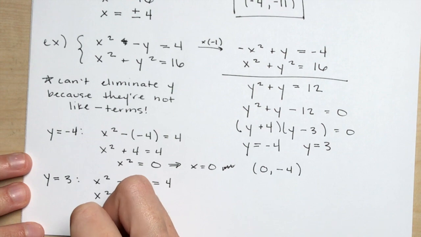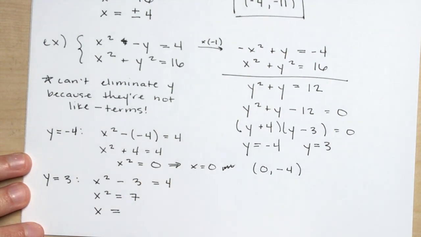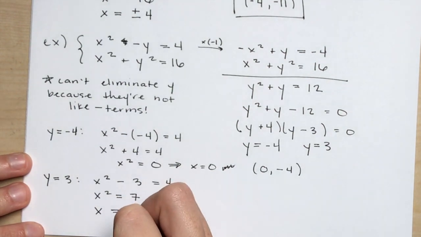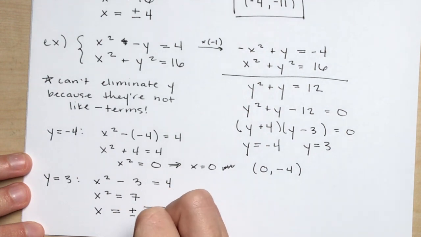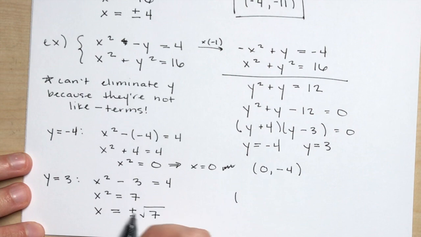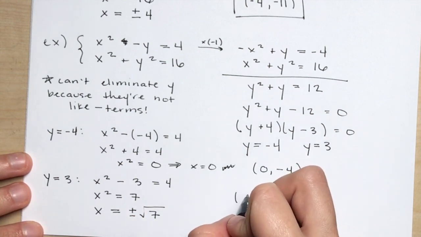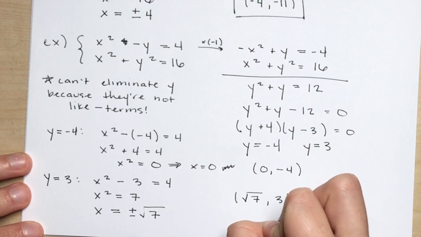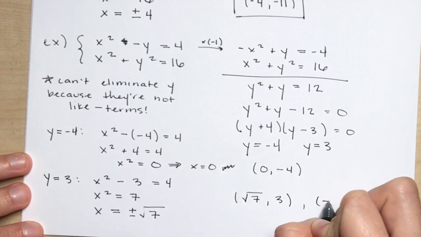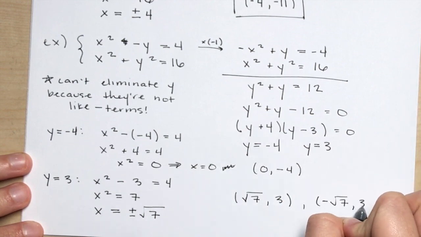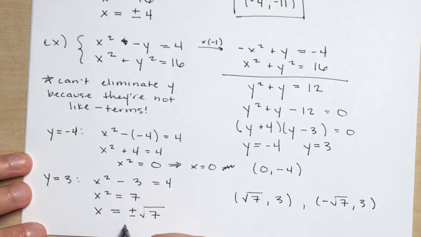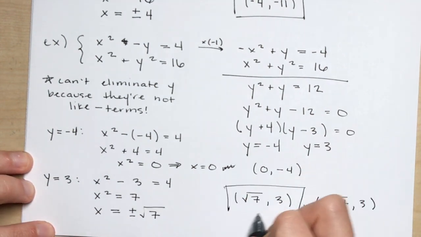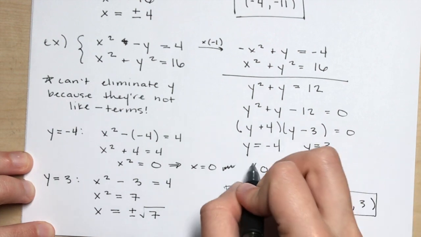We take the square root, and we get plus or minus the square root of 7. So this time we have two solutions, one being positive square root of 7, 3, and negative square root of 7, 3. So this system has 3 solutions.